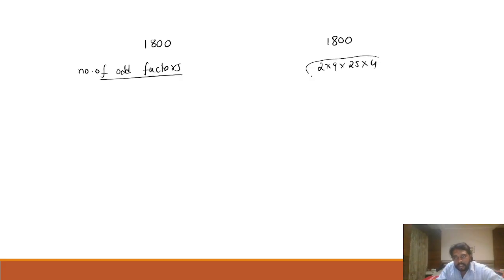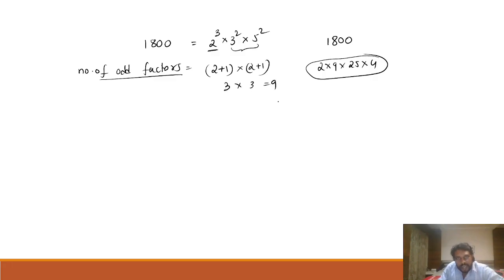So by looking at this directly, we can write 1800 as 2 power 3 times 3 square times 5 square. To get odd factors, simply ignore the 2 power and apply our formula for these two prime numbers. 3 power is 2, so 2 plus 1, multiplied by 5 power is 2, so add 1 to it. So 3 times 3, 9 odd factors.